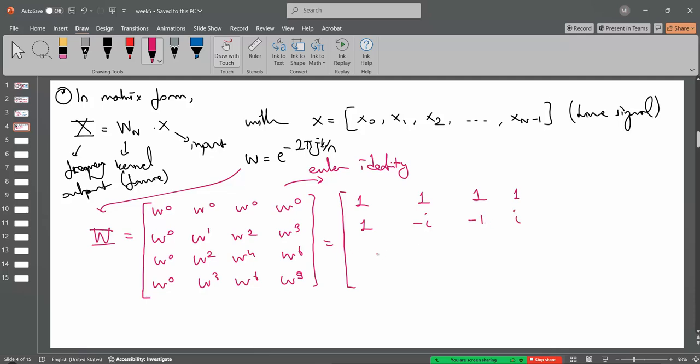Okay, and also 1, minus 1, 1, minus 1, and also 1, minus i, sorry, i, minus 1, minus i. Okay, and also this must be written just like this one. Okay, so these are the Fourier matrix.